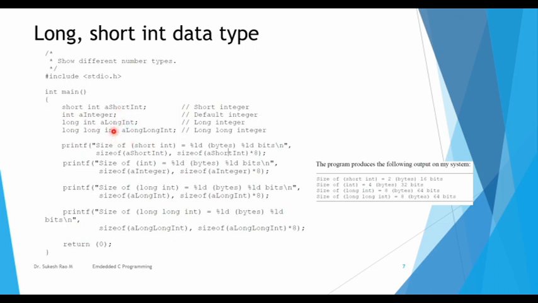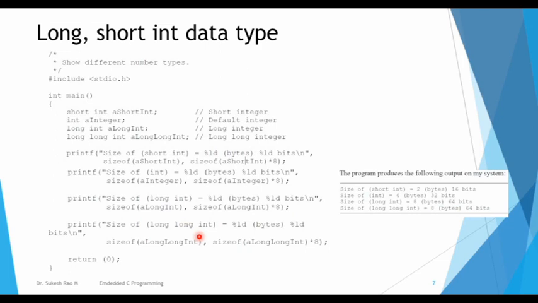I'm going to show you how many bytes of memory and how many bits each takes. Obviously we can get to know this with instructions like the printf statement I'm going to put in. So let me take you to the program where I'll be showing this for you.